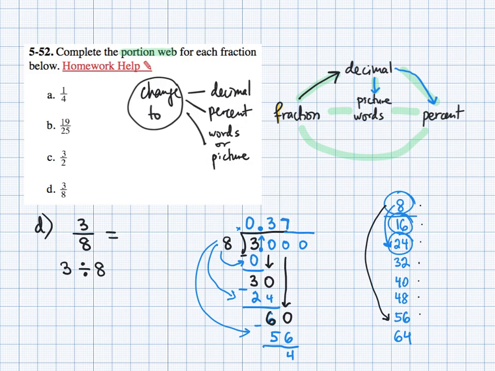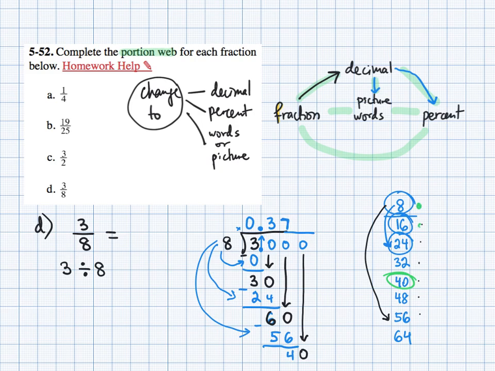So I wonder how many decimal places we're going to get. Let's keep going until we see a pattern. If you see a pattern, you can stop because you can predict it. If we don't see a pattern, you want to keep going. So let's see. Bring down the next number, the next 0. So you get a 40, and we have a bingo with a 40. How many times does 8 go into 40? Count them.